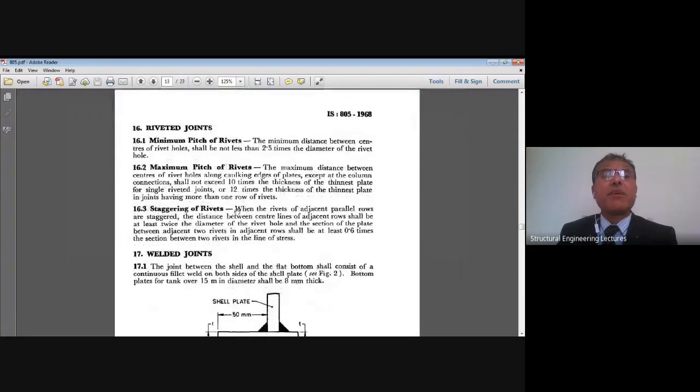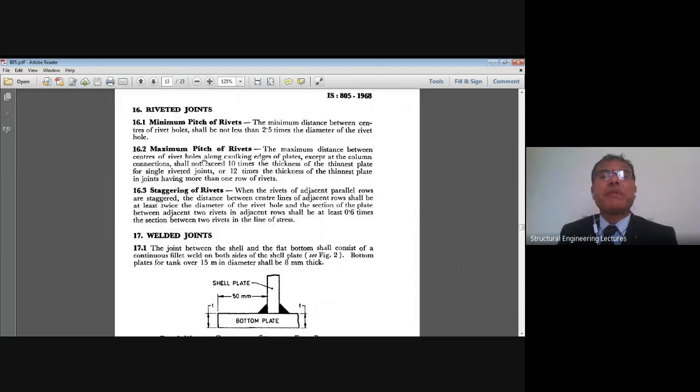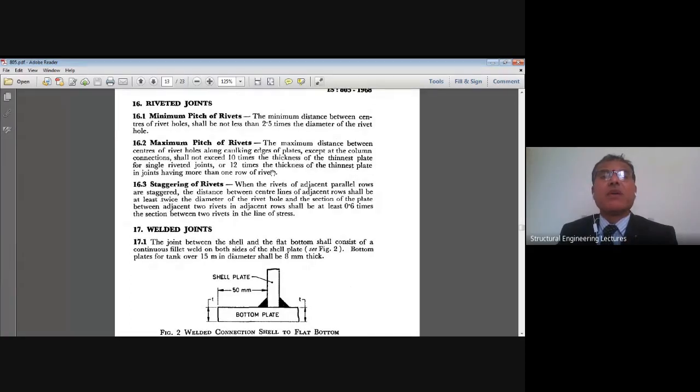Now, coming to the riveted joints, the code says that the minimum pitch of the rivets should not be less than 2.5 times the diameter of the riveted hole, and the maximum pitch of the rivets in any case shall not exceed 10 times the thickness of the thinnest plate for single riveted joints.